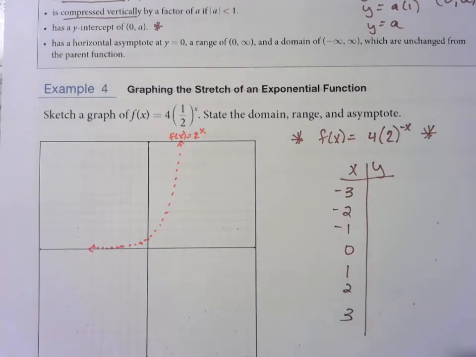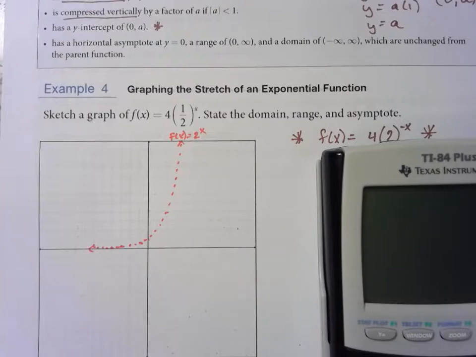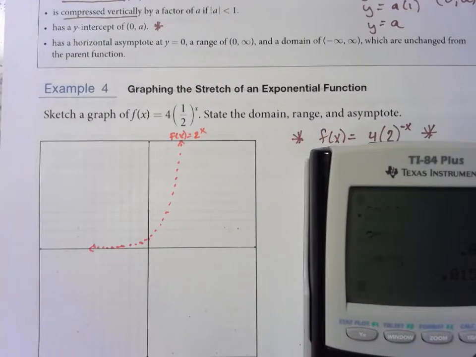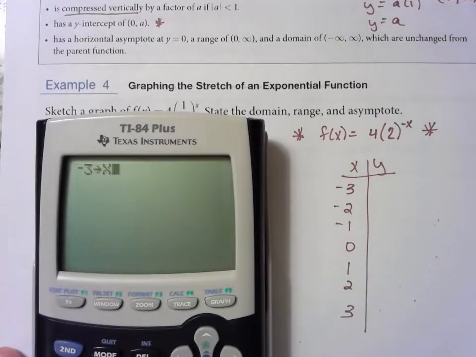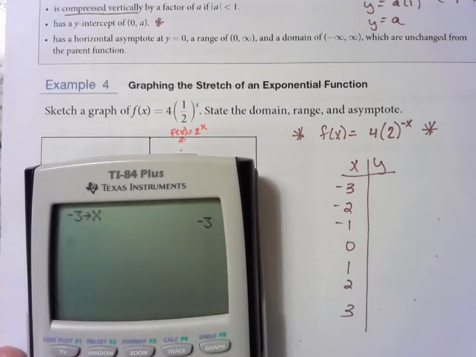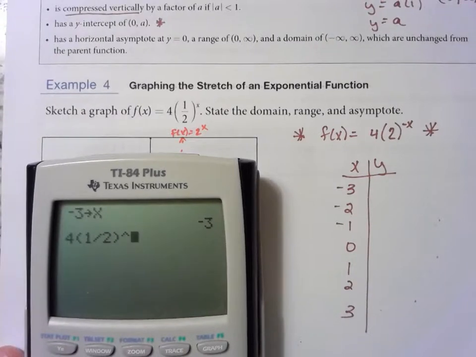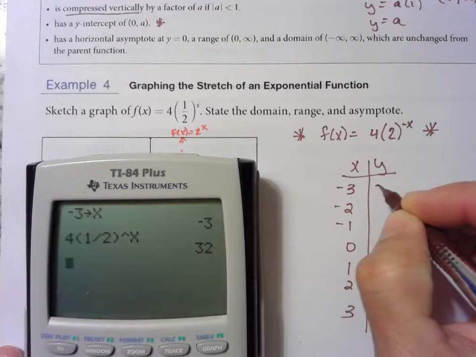We're going to plug them into our calculator just to save time. So we have -3, we're going to store that, and we're going to type in 4 times 1/2 to the x power. We get a whopping 32.